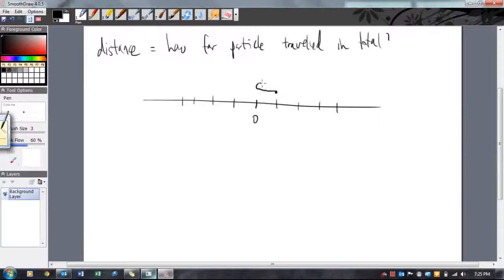If it starts here, goes that direction and then there and finishes here, the distance is how far it has travelled in total. So it's travelled 1 here, 1, 2, 3 to here, 4, 5, 6, 7. It's travelled 7 units. If you were a little ant following this path, how far have you travelled? 1, 2, 3, 4, 5, 6, 7 units. That's the difference between those, and it's really important to understand the difference.